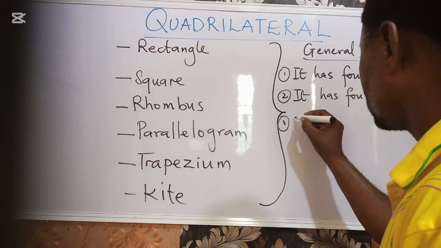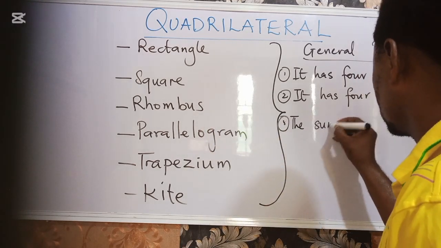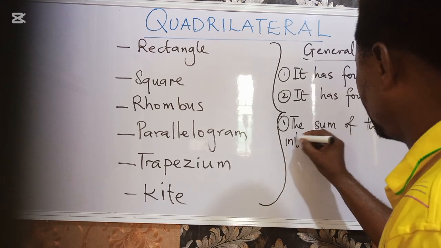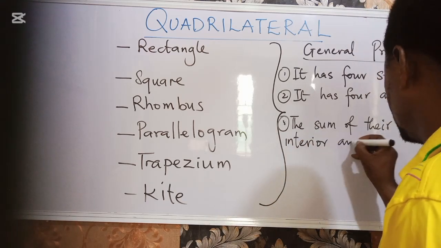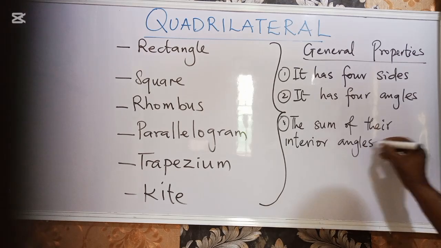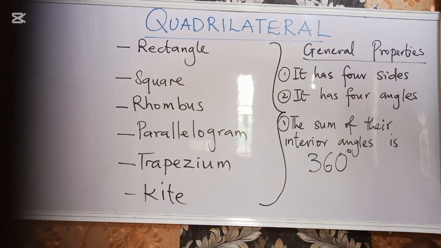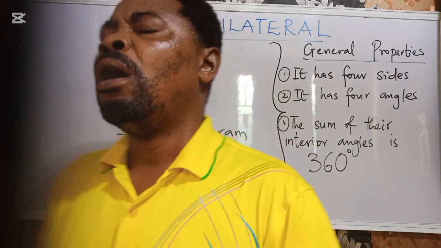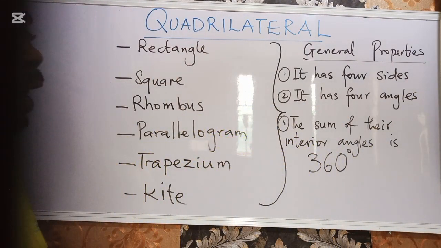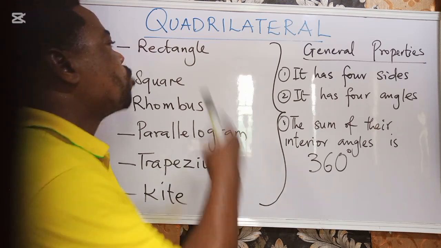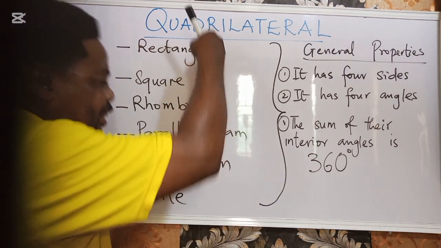The third one, the sum of their interior angles is 360. So if you are asked to give properties of any of these shapes, you already have three standing properties.